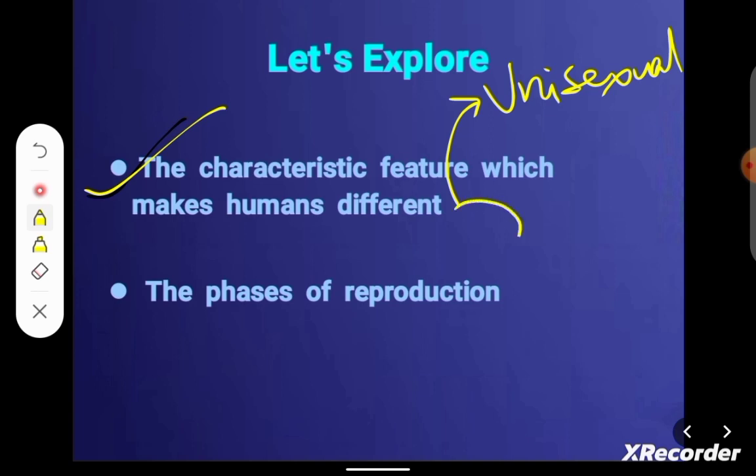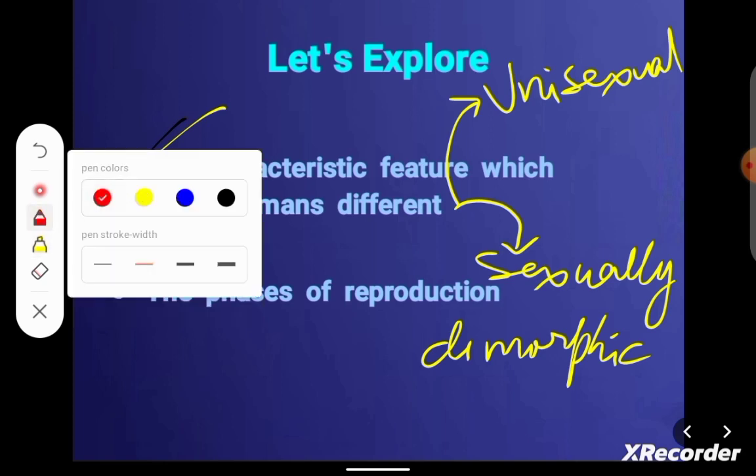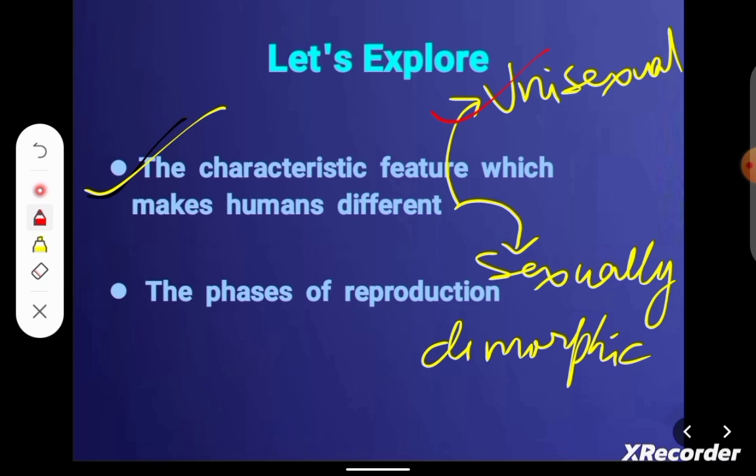And the second one is they are sexually dimorphic. Now unisexual you know, isn't it? It is the presence of only one sex organs in the organism.